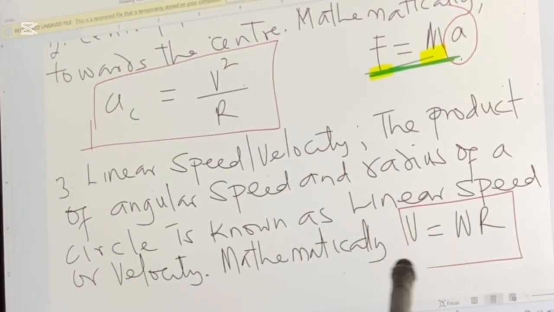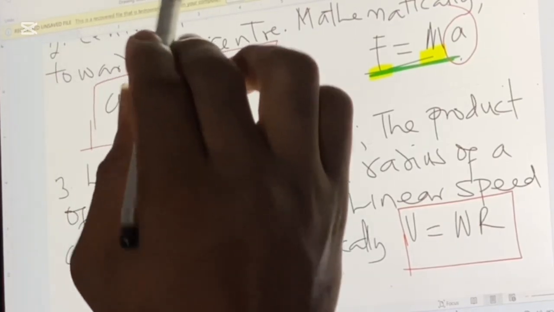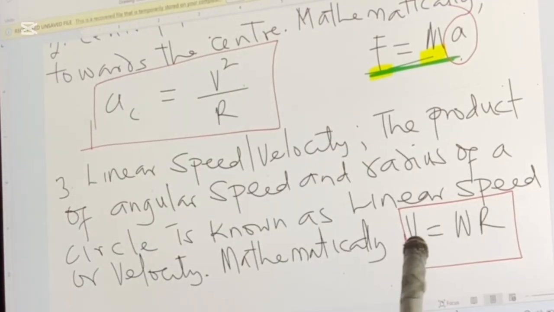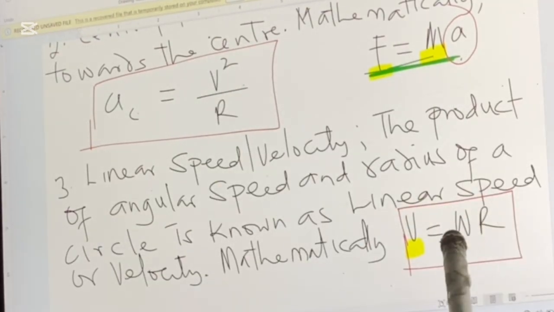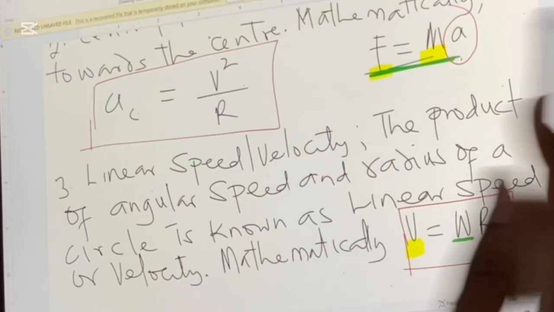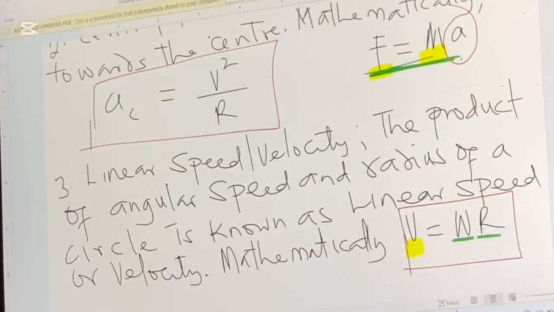Mathematically, v is equal to omega r. So the v here stands for linear speed or velocity. The omega here stands for angular speed or angular velocity. Please take note. The r here stands for radius.